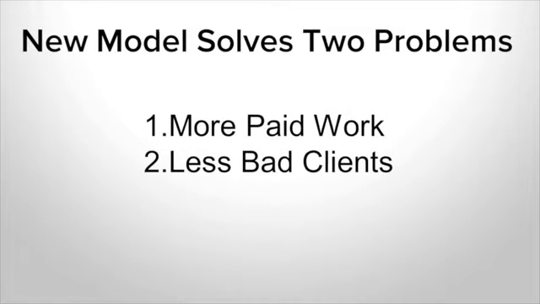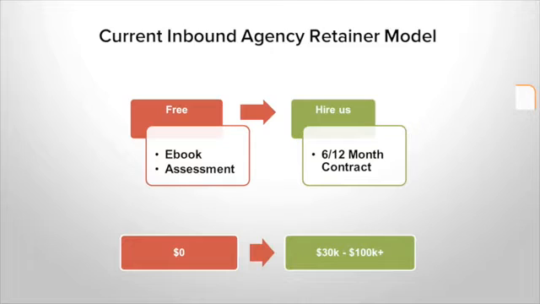So what the new model proposes is that we're going to solve two problems. We're going to look at more paid work, and we're going to look at fewer bad fit clients for you. If we look at the current inbound agency model today, we go from your free ebook and assessment to a hire us 6-month contract. We need to put some steps in place to help you understand the client, and to help the client understand the process.